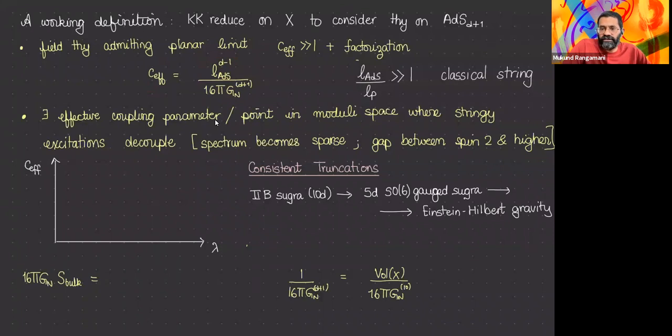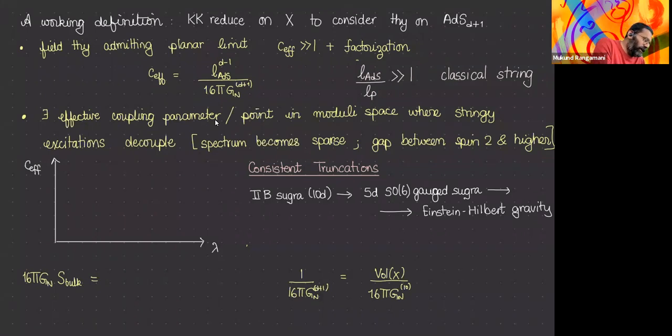I'm just going to require that this central charge be large. Roughly speaking, this is my notion of classicality, because this is really saying that the AdS scale is large in units of the effective Planck scale seen by objects in that AdS spacetime. That's my first criterion.